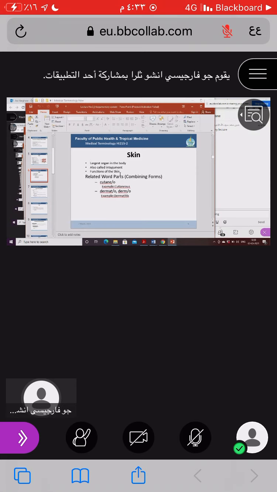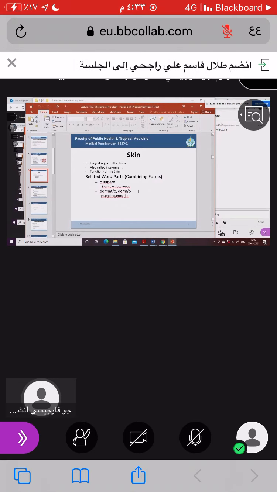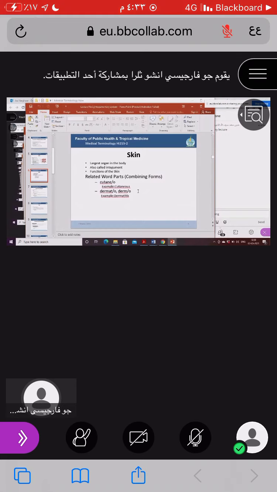For example, here, cutin. That is a word for skin. There are two words for skin, cutin and dermat. So I can ask, one term for skin is dermat, what is the other medical term for skin? Then you'll have to write cutin.